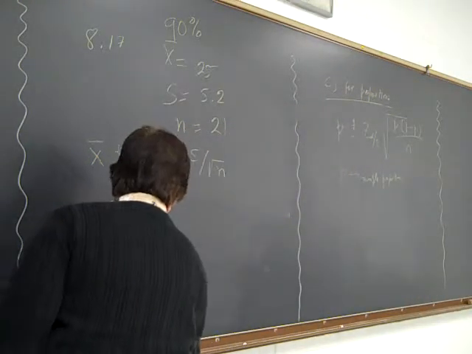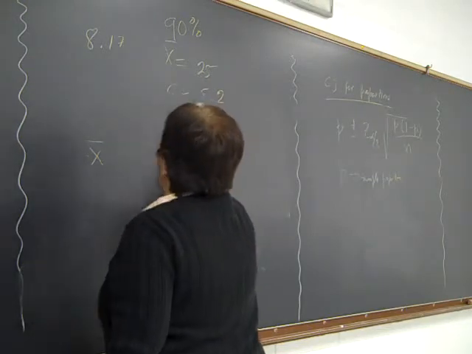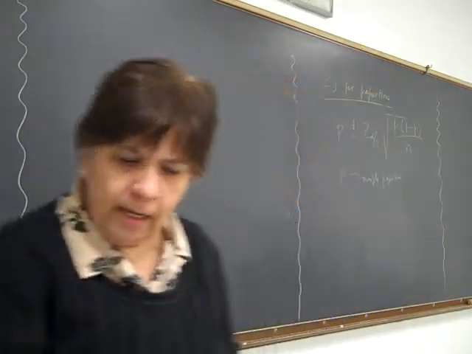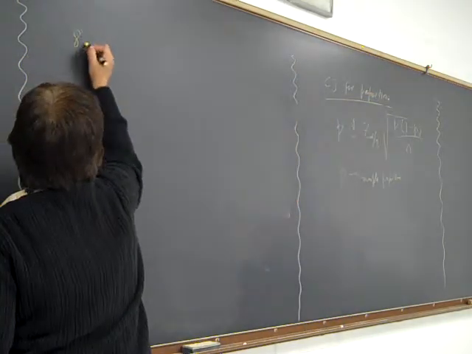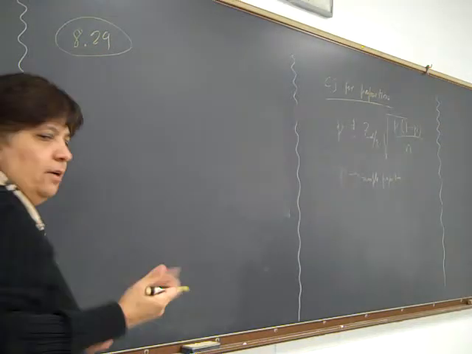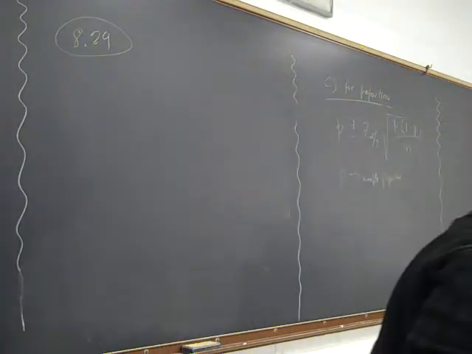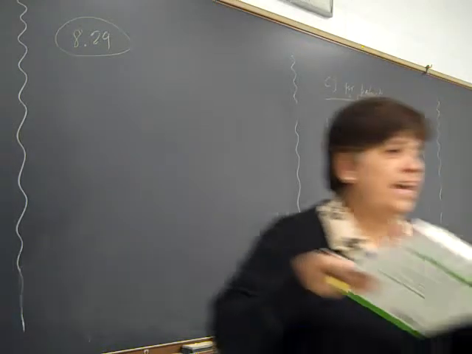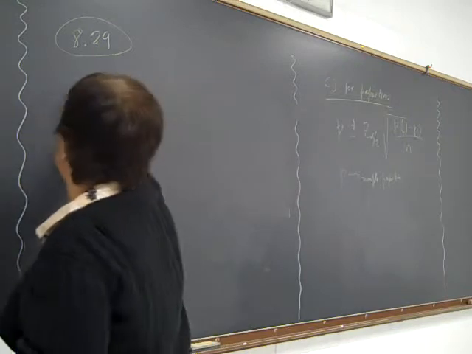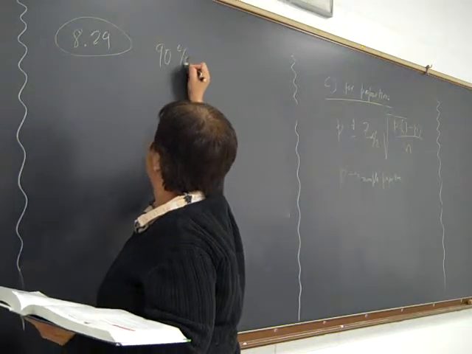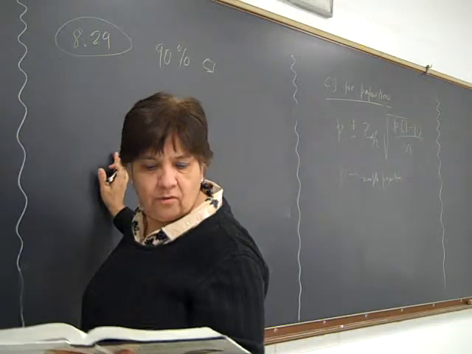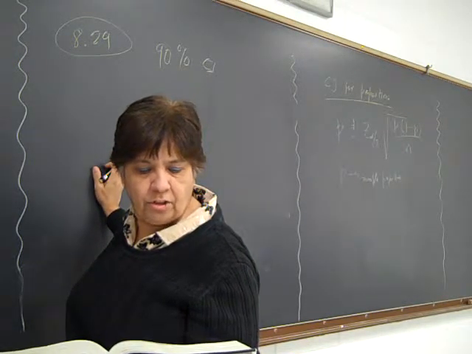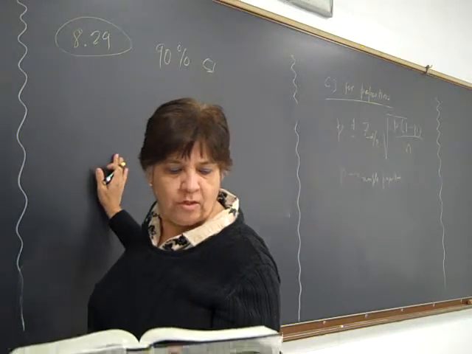So let's do a problem in order for you to understand these concepts. I have 8.29, which is not part of the homework. 8.29 says construct a 90% confidence interval to estimate the population proportion with a sample proportion equal to 0.36.